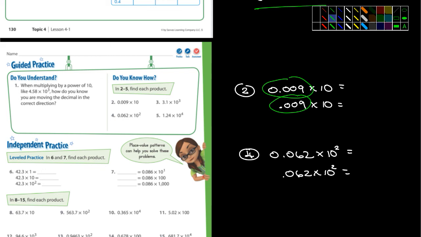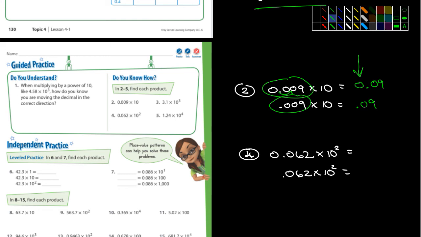Now, so look at this, Miss Ogisa, I'm going to pick on you because you were asking me how many places do I move the decimal? One. So I'm just going to move it right there. So now this becomes 0.09, or I could just not even worry about that and just write .09. Either one would be correct. Just moving the decimal over one place.